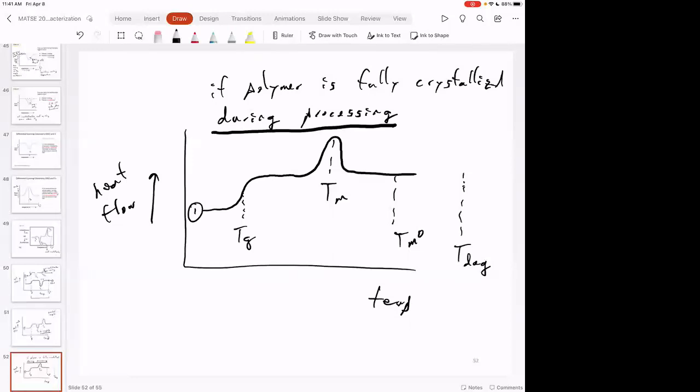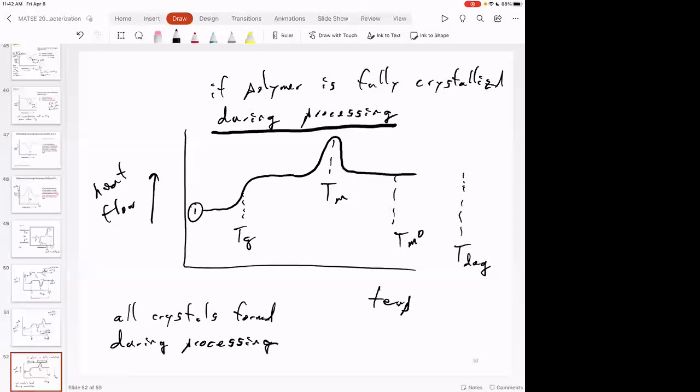So the crystals formed during processing. So you didn't measure any crystallization. Yeah, you just melted the crystals. Does that make sense? Great.